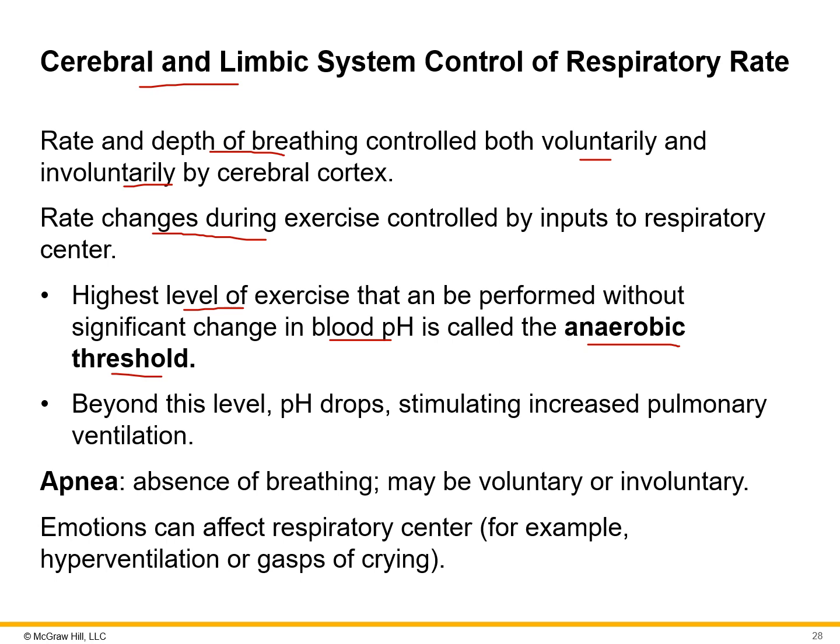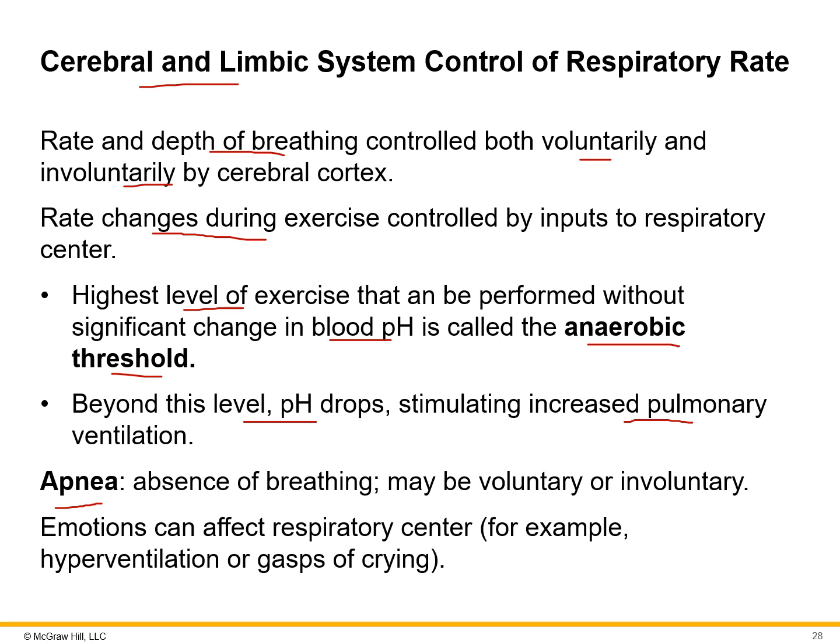That means if an athlete is used to working out, then their body adjusts and they can maintain a normal pH even though they're going through a lot of metabolism and building up a lot of carbon dioxide. So they have what's called an anaerobic threshold. Now beyond that, if the pH drops below that threshold, that's going to stimulate an increase in ventilation, trying to get rid of that excess carbon dioxide.